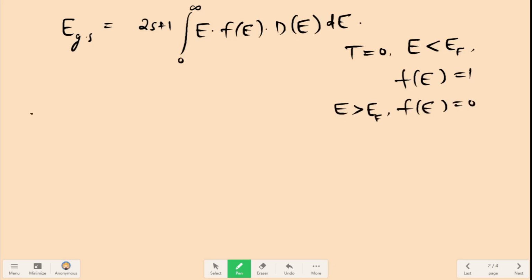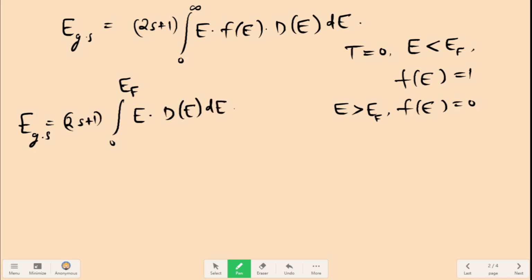Therefore we have total ground state energy equal to 2s plus 1 times integral 0 to EF of E times the density of states dE. Now the density of states is proportional to E raised to d by z minus 1.